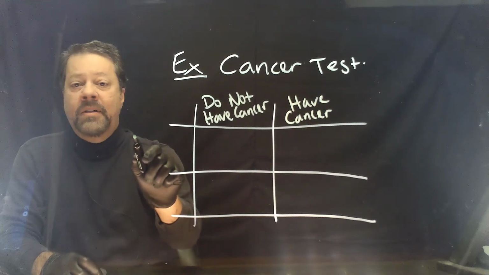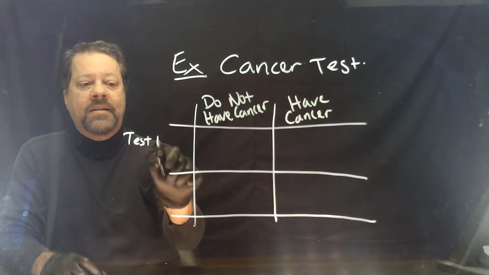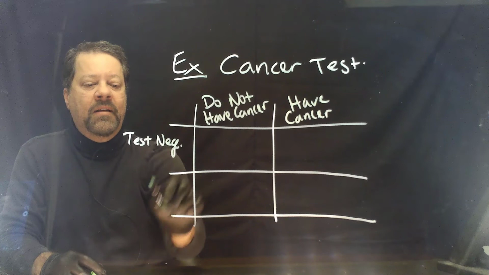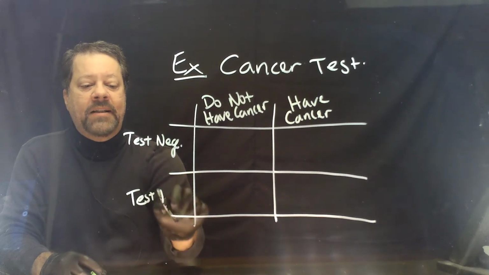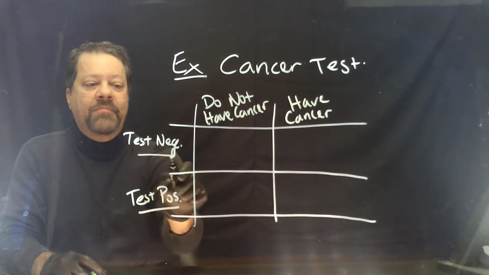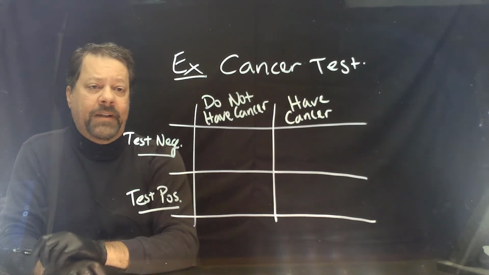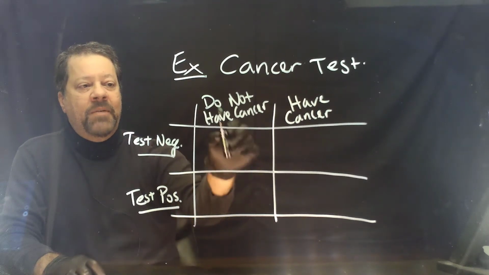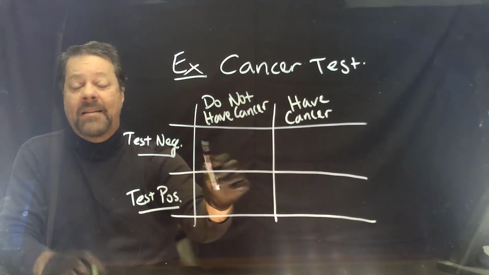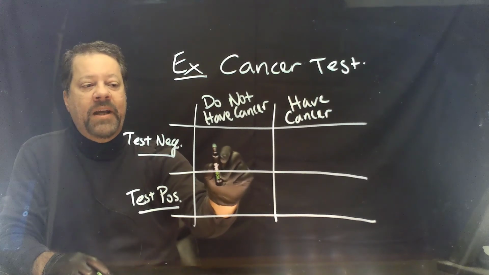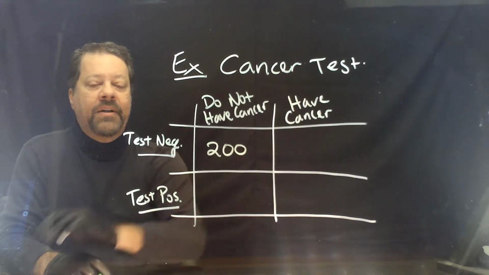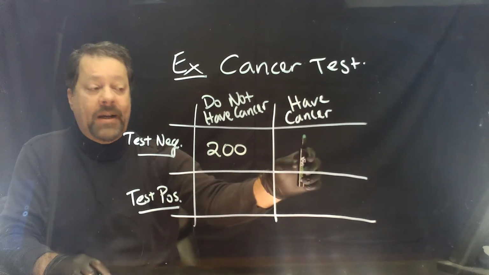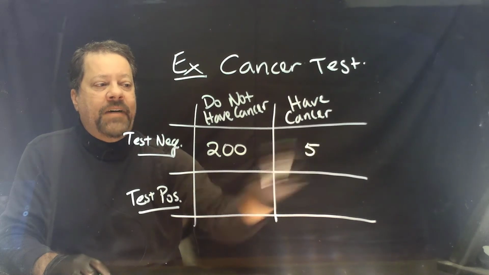There are those who test negative for cancer, so they don't test positive, and those who test positive for cancer. You see, the cancer test may not be perfect. It could make mistakes. And suppose that amongst those who do not have cancer and test negative for cancer, we have, let's say, 200 individuals in this group. Those who test negative for cancer but who actually have cancer, let's suppose there are 5 in this group.